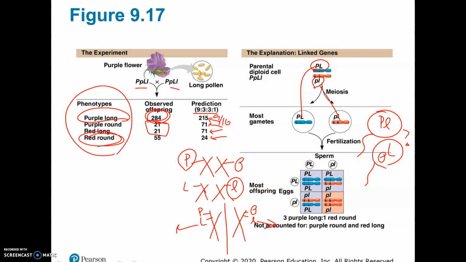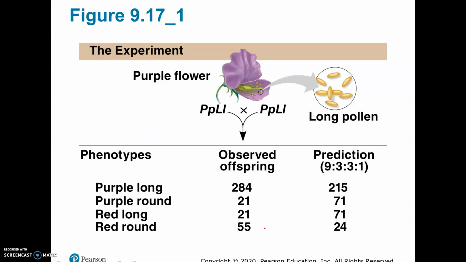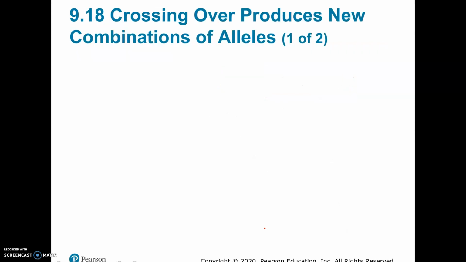And remember, you have thousands of genes, but you only have 23 different chromosomes, right? 46, but 23 pairs. So you know some genes have to be linked together on the same chromosome. So don't worry too much about the results of this experiment.